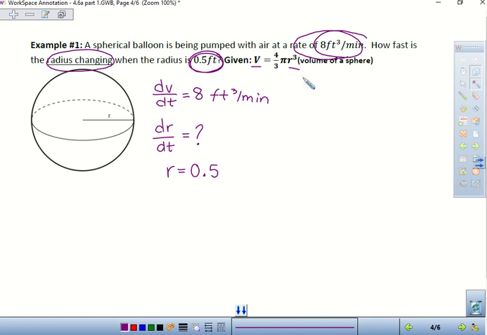So what that means is you can't plug any values in prior to taking the derivative. If anything would stay the same, then you can, but if it won't stay the same, you cannot. Okay? So that means that we're going to go ahead and take the derivative of this.